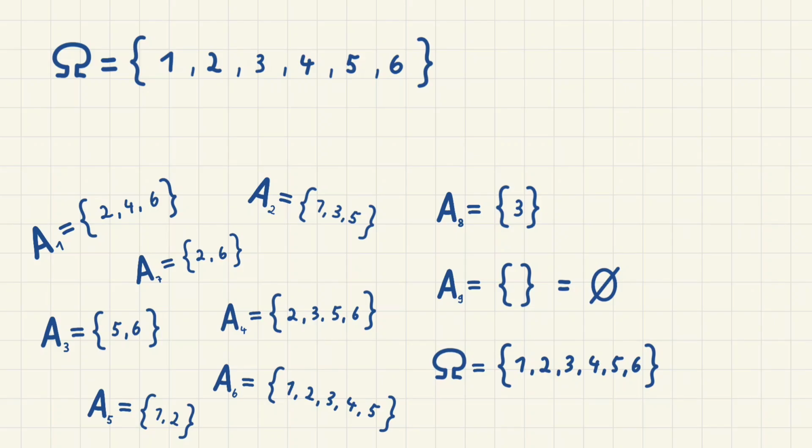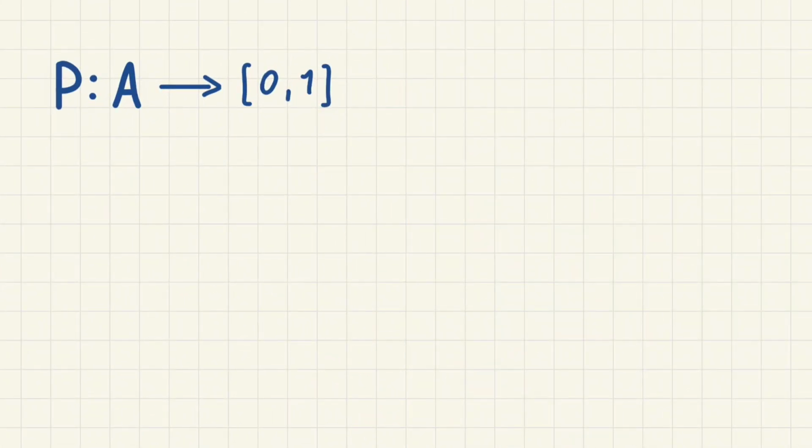Now, usually certain events are more likely than others. So to represent this probability, we introduce the function P. P stands, as you might guess, for probability. By this function, an event is assigned a value between 0 and 1. To call itself probability, this function must satisfy a few important but intuitive axioms.